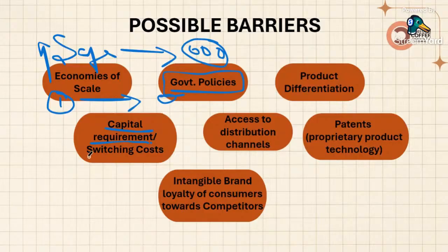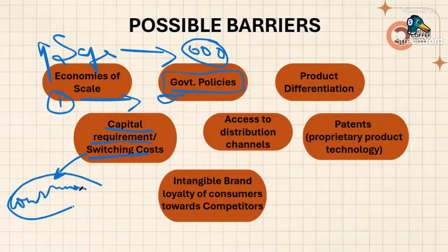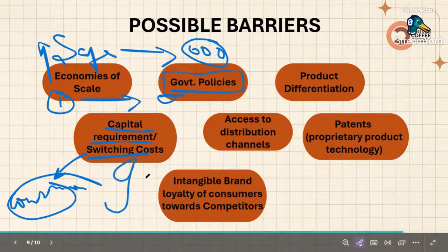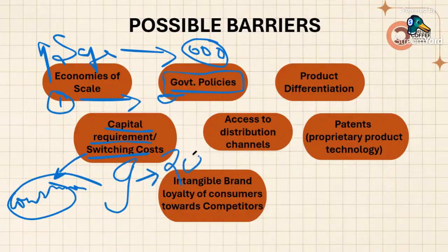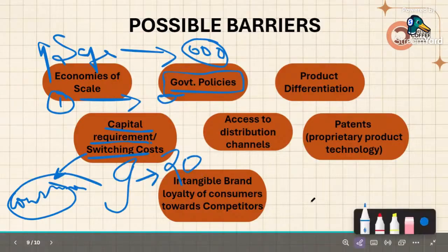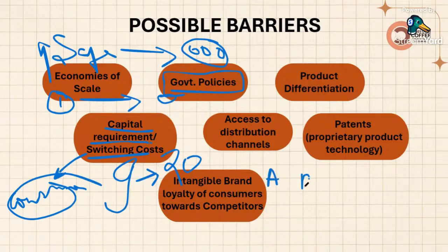Okay, one more thing that I forgot to explain is the switching cost. One example is from the consumer point of view. Let's say there is an insurance company, and consumers with a 20-year contract with it. There is company A and company B, both providing insurance services.